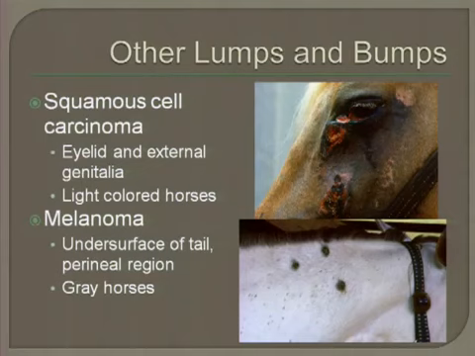And melanoma is the most common neoplasia of the undersurface of the tail and perineal area. Most common in gray horses. It is a neoplasia of melanocytes. So you can have singular melanomas, you can have multifocal melanomas. This horse here, obviously, it's not on the perineal area, but you can see the very classic deeply pigmented melanoma lesions on the neck.